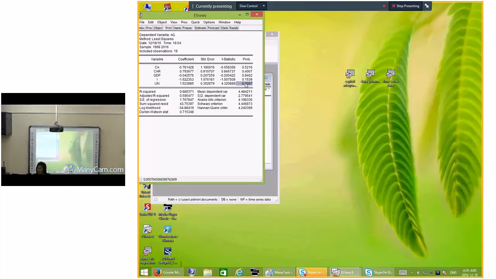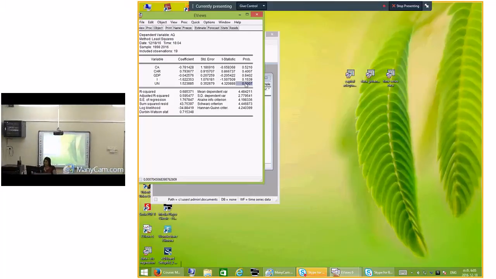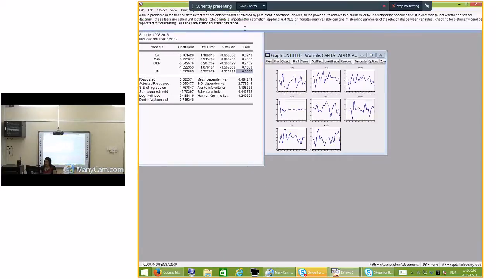adequacy ratio. The reason behind that is if we use non-stationary data, we can see that some data are trended, and some data are affected by persistent innovations, but the impact of these shocks does not die out with time.